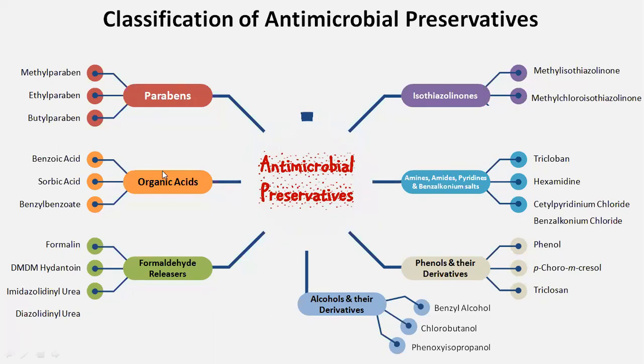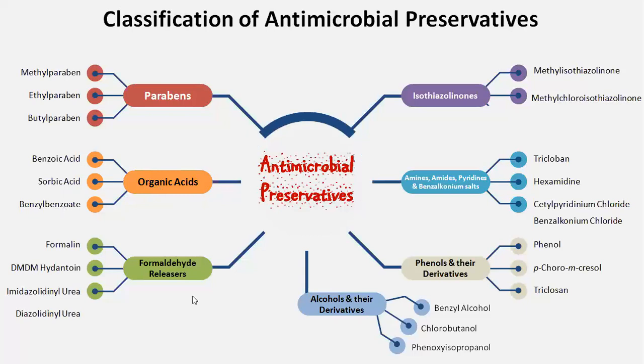Second category, organic acids and their salts, like benzoic acid, sorbic acid, benzyl benzoate. Esters are also categorized under organic acids, salts, and their esters. Benzoic acid, sorbic acid and benzyl benzoate are examples of antimicrobial preservatives.